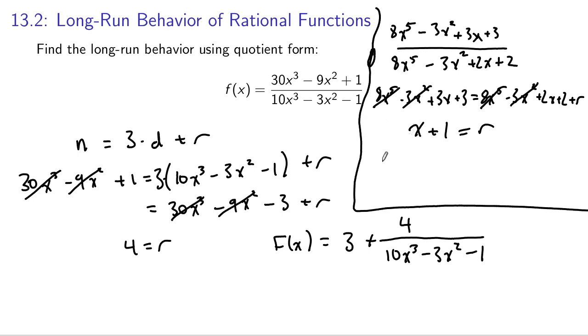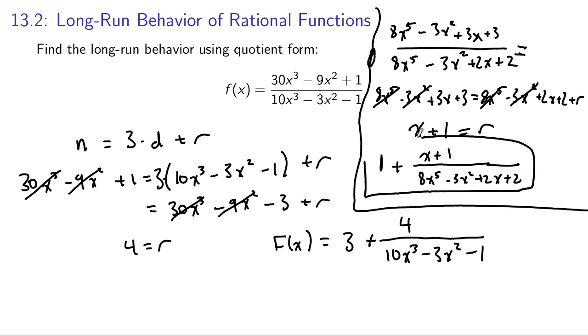The quotient form of this would equal 1 plus the remainder x plus 1 over the denominator 8x to the 5th minus 3x squared plus 2x plus 2. And that's what it would be in quotient form for both these two examples.